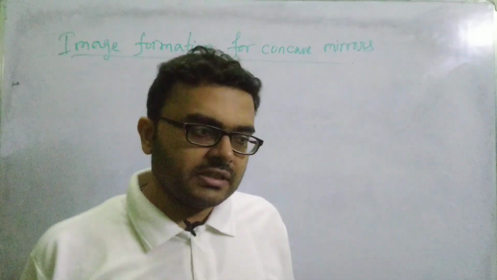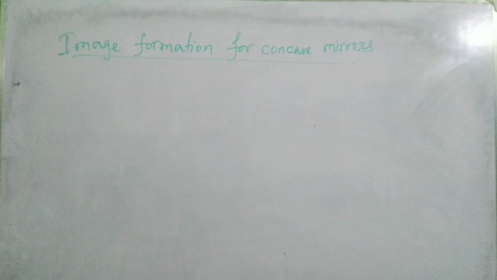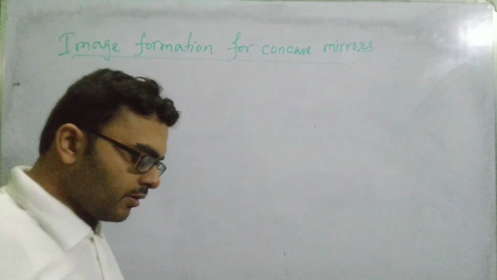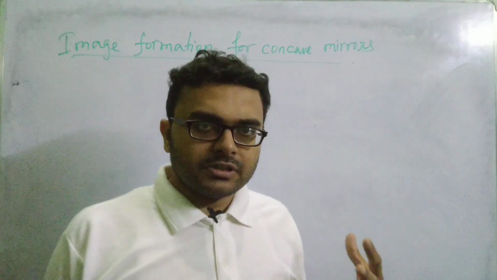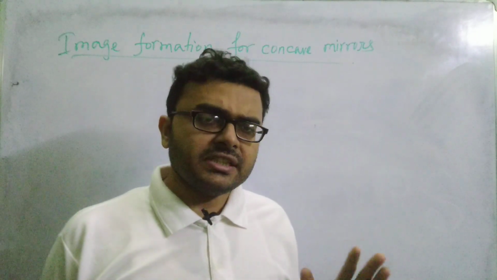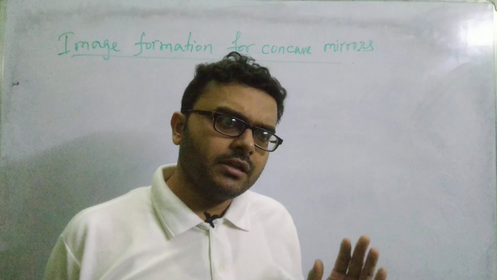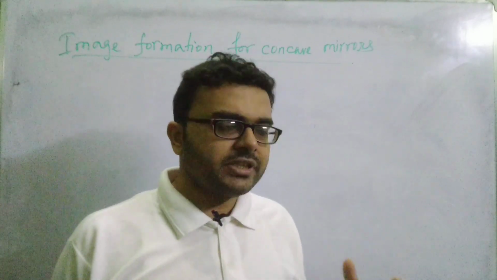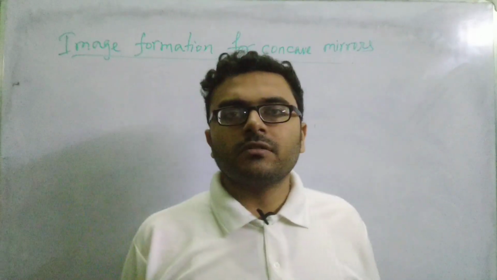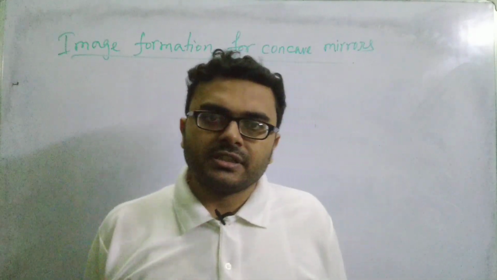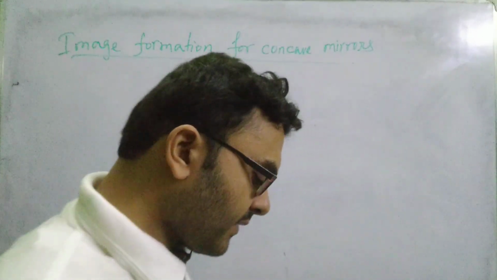So remember, when we talk of an object kept at infinity, it is not necessarily kept at a very far away distance as we generally think of. The distance can be quite large; 2 meters can be quite large if the radius of curvature of the mirror is small in comparison to the 2 meters. Okay, fine.